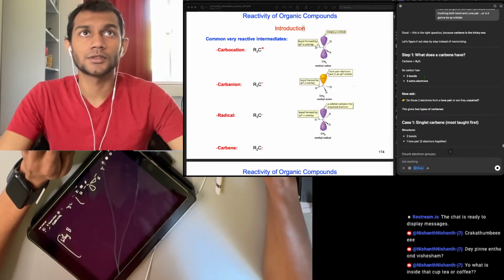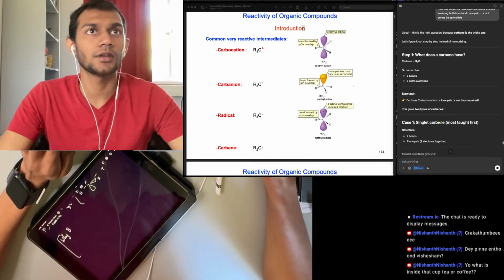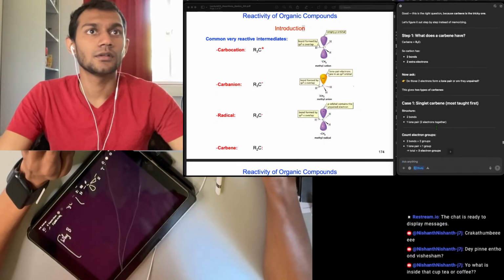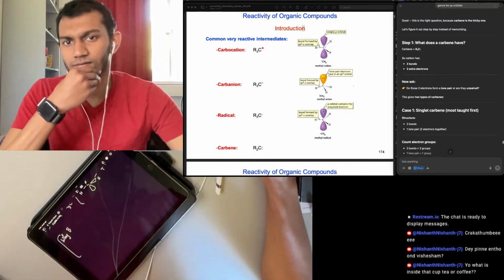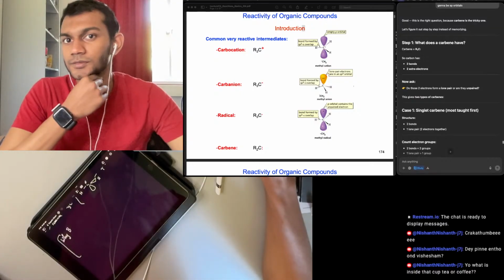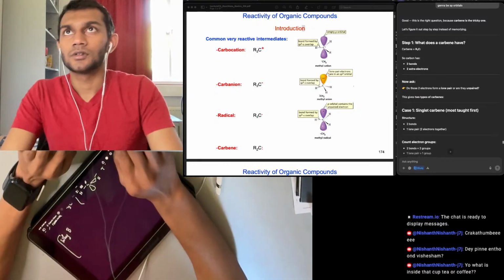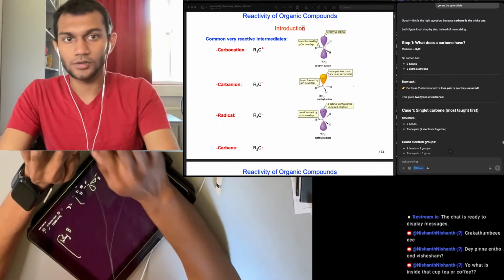Two bonds, only two extra electrons? Four. Should be four, right? It's an sp2? What? I gotta see the carbene structure. Carbene intermediate.